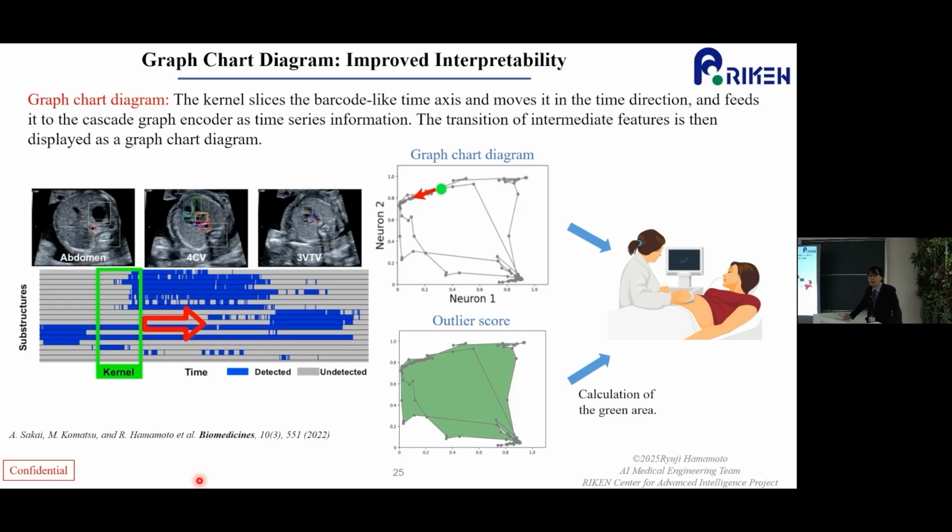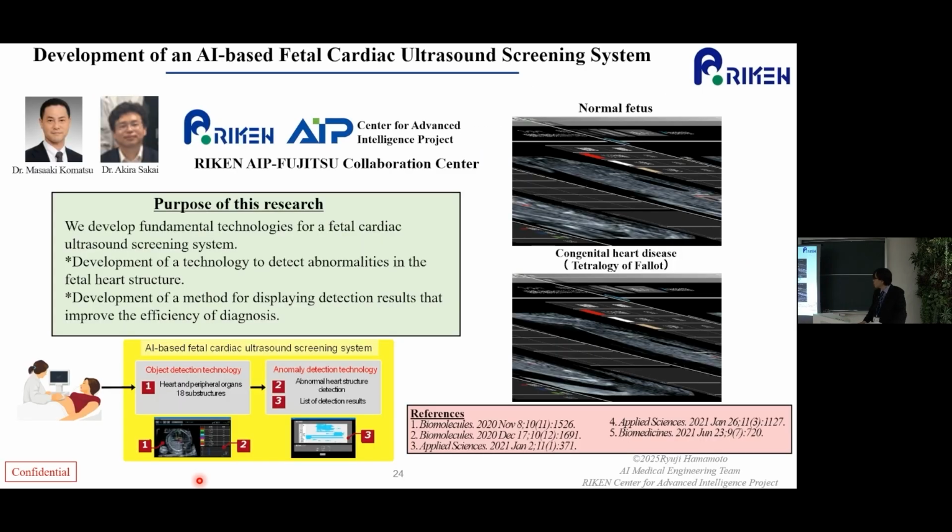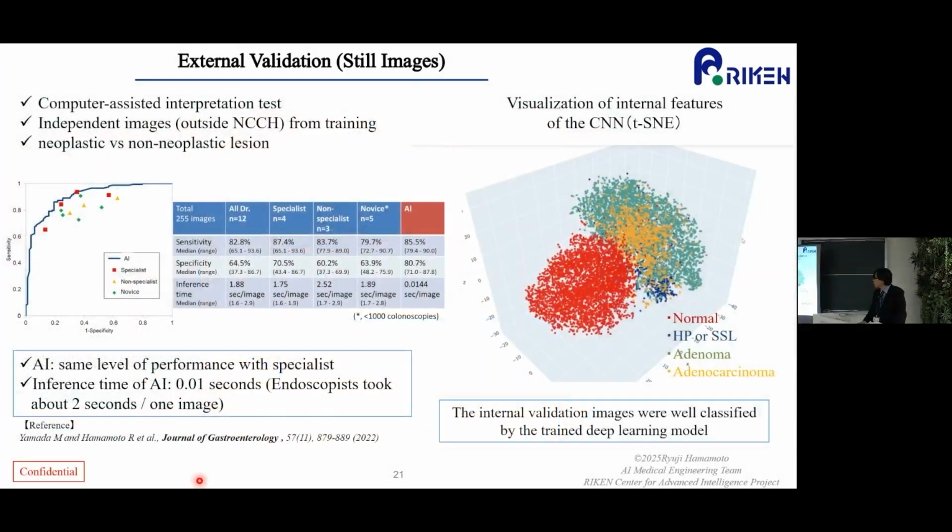Maybe in the tumor case, the story is a bit simpler. Take colonoscopy, for example. Suppose the machine learning says this region could be a tumor. Then what kind of explanation do you want? For example, the pathological analysis.